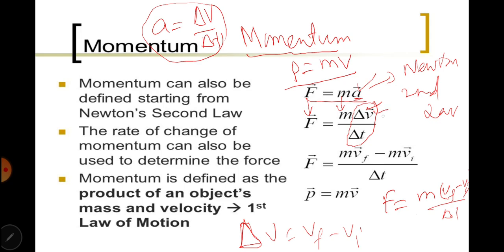So F is equal to m times (vf minus vi) divided by delta t. Multiplying m with vf and vi, we get (m vf minus m vi) divided by delta t. As we know, momentum is equal to this. So, going to the next page.